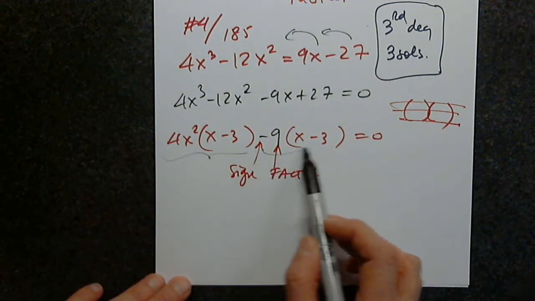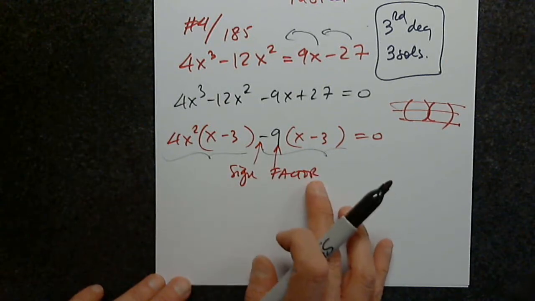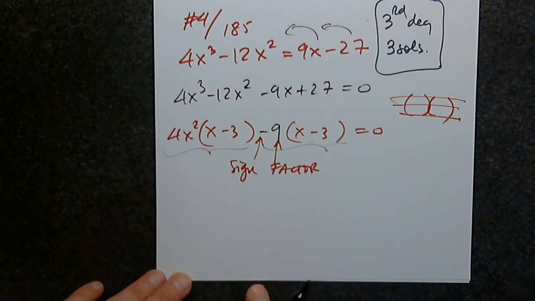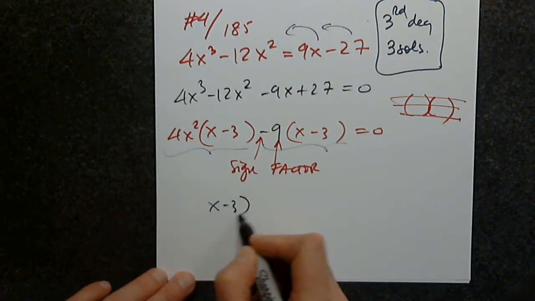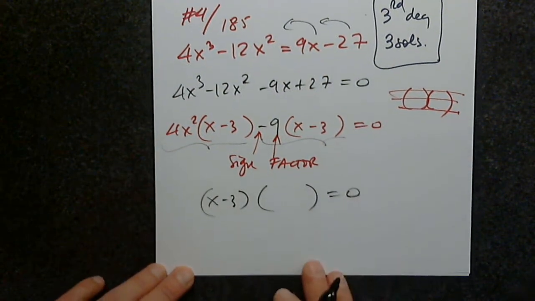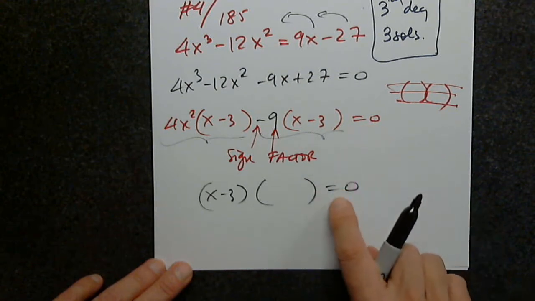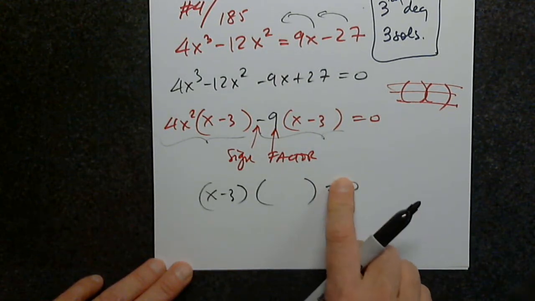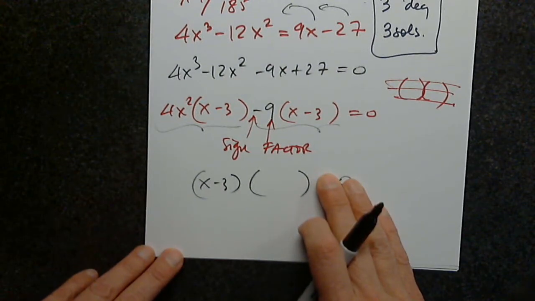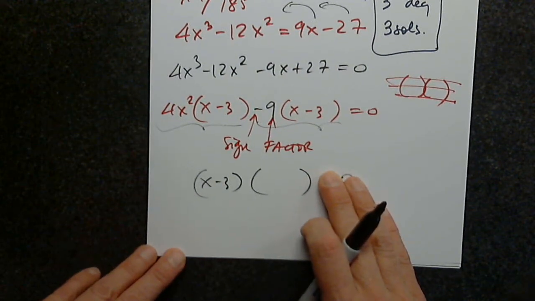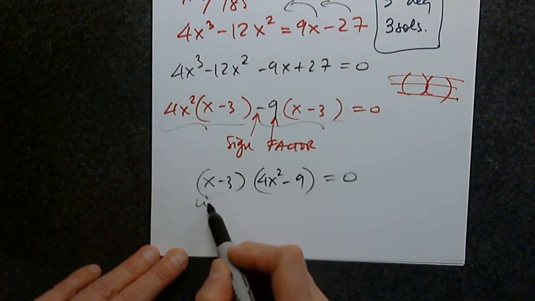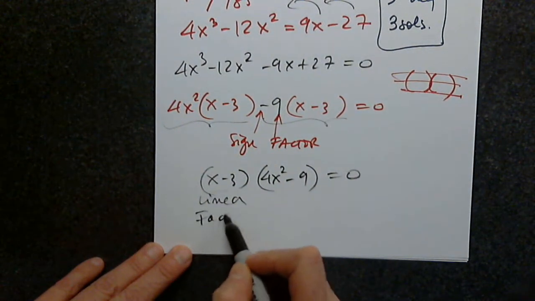Now, these are 2 terms, like we had from the supplement. What comes out? The common factor, which is? Very good. And what is left in parentheses? Notice that I immediately wrote the equal symbol and 0, because if I forget this, I'm not going to solve. I'm changing it into an expression, and that would be incorrect. 4x squared minus 9. I know that this is a linear factor.